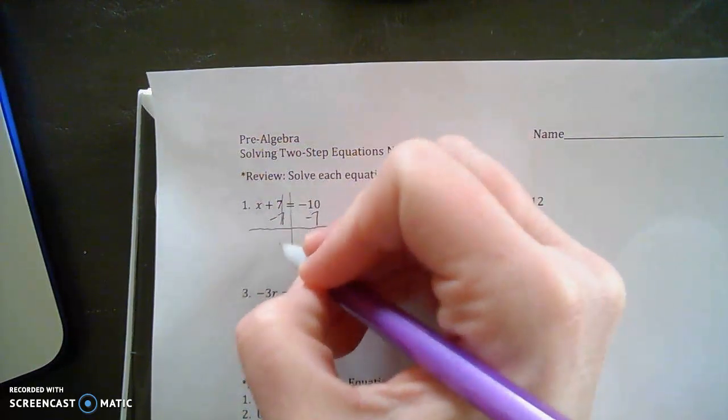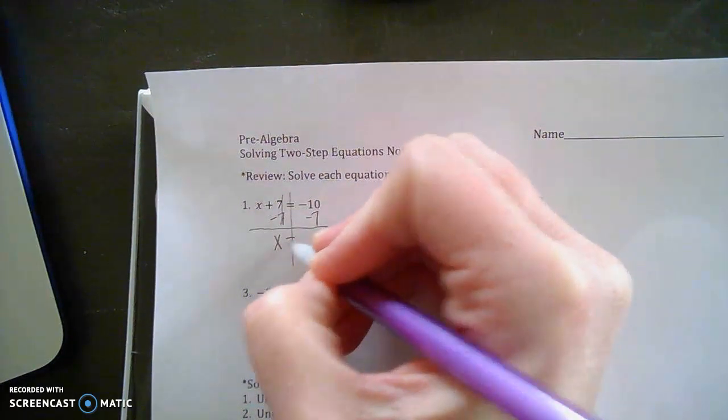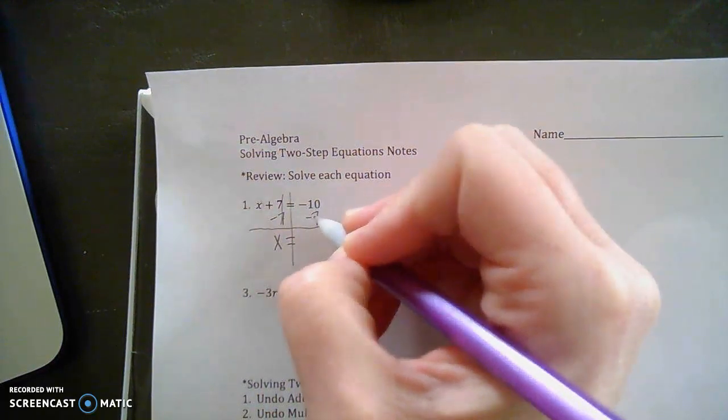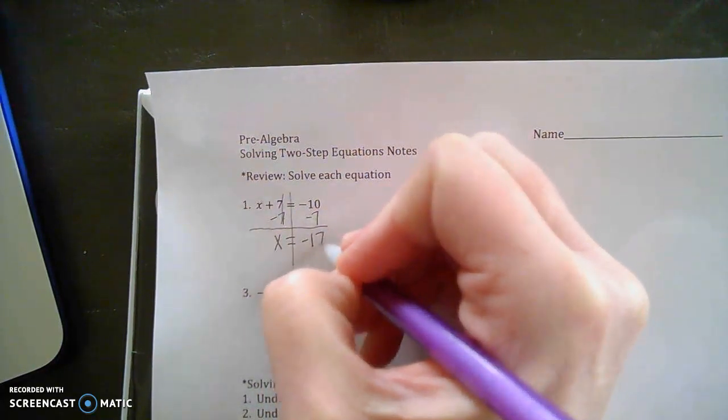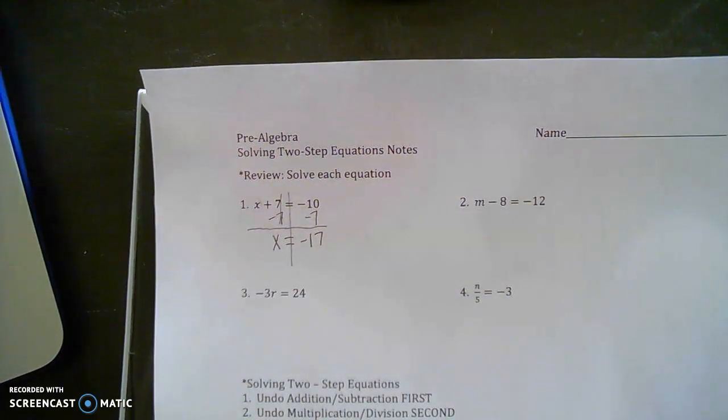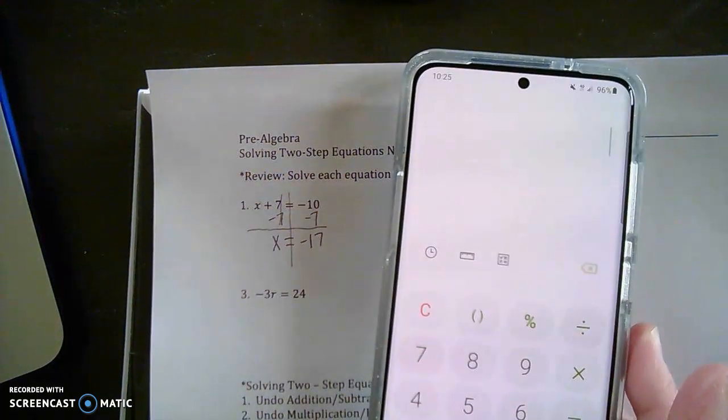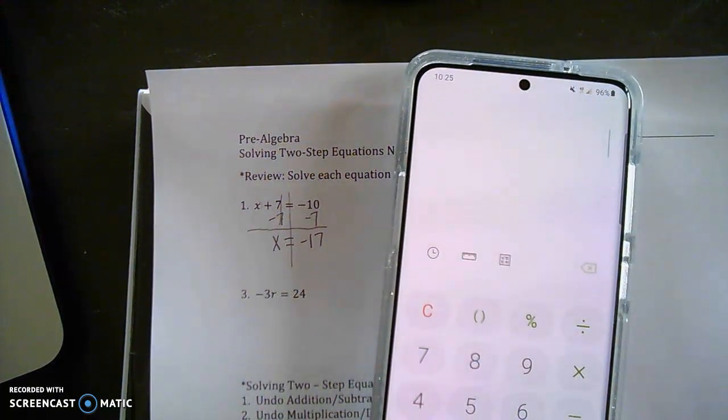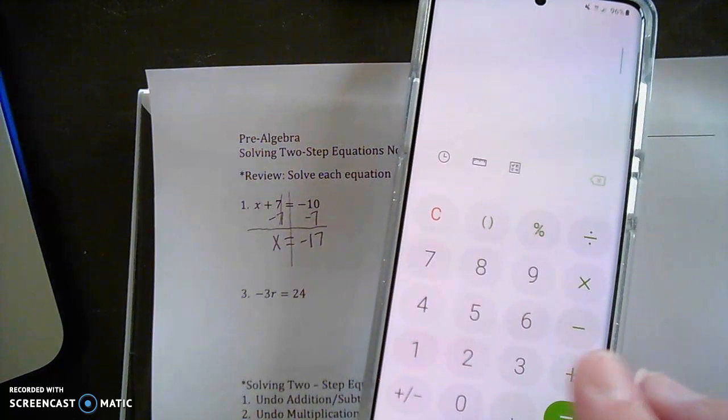All right, so on the left-hand side, all we have is x equals -10 minus 7, which gives us -17. Now, I know most of you probably don't have a calculator at home, so just use your phone to check your answer. You should have a little plus-minus sign down here.